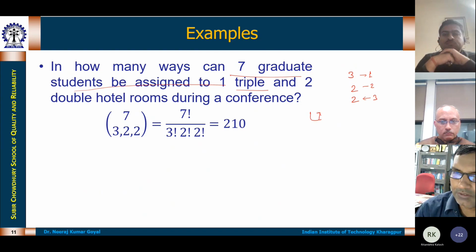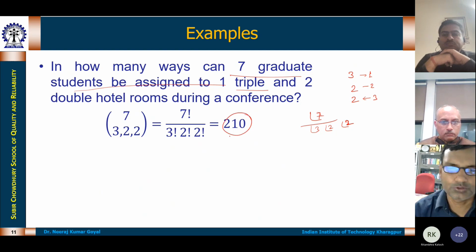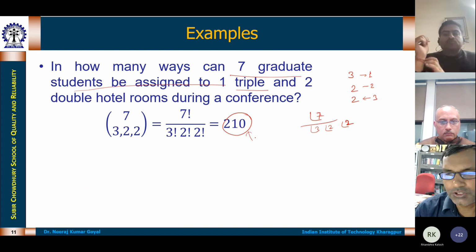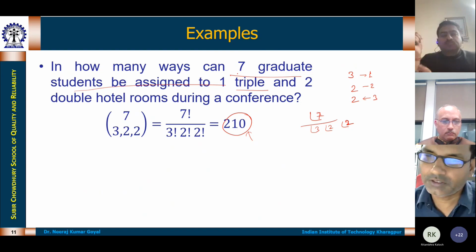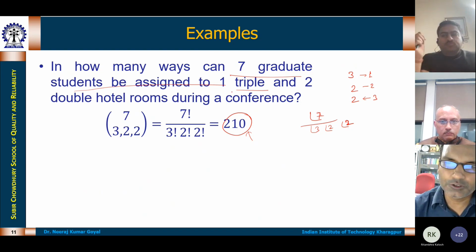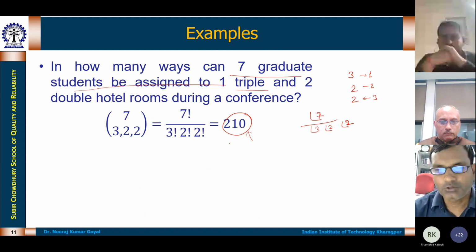Total possible is factorial 7, and we divide by factorial 3, factorial 2, factorial 2. That will give us 210. So there are 210 distinct ways in which the 7 students can be divided into rooms of 3, 2, 2.